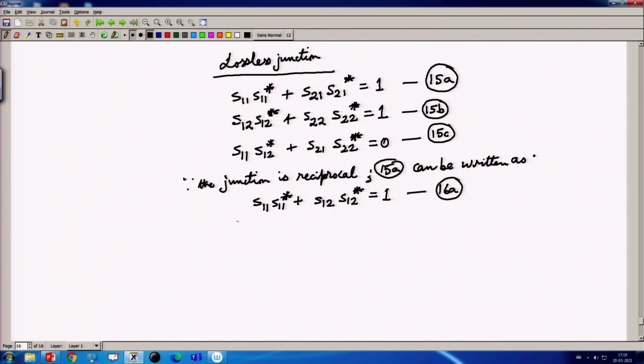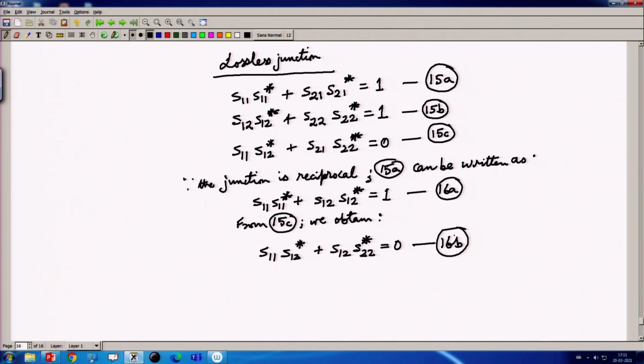And 15C can be written as, we call this 16B.